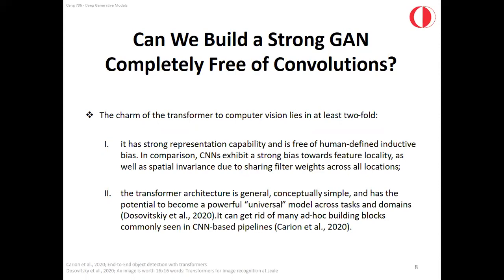Also, the transformer architecture is a universal model, and it becomes very powerful when you increase the data set, and it has had a real impact on different benchmarks and communities, such as cheminformatics and other fields.